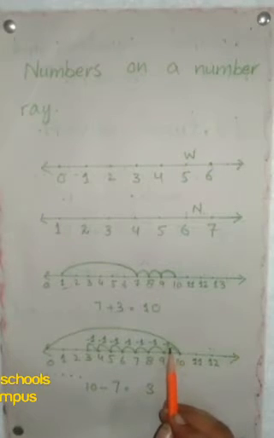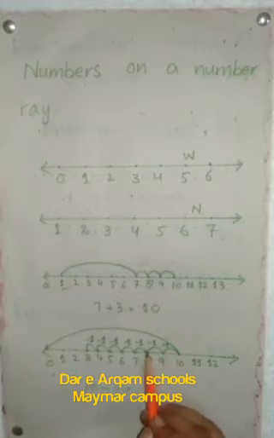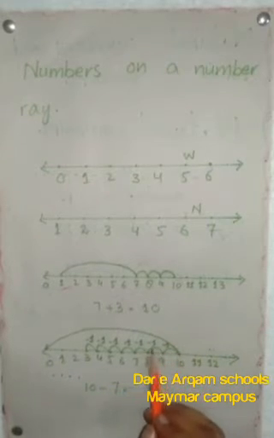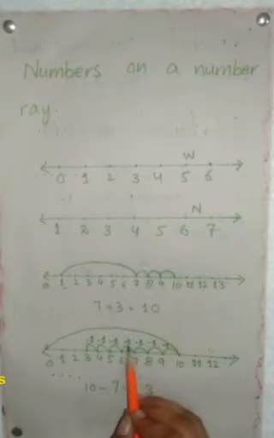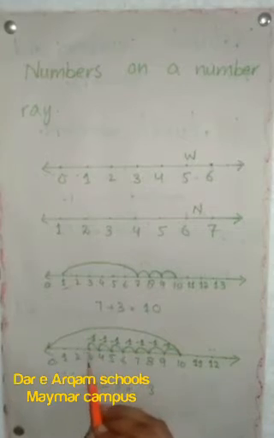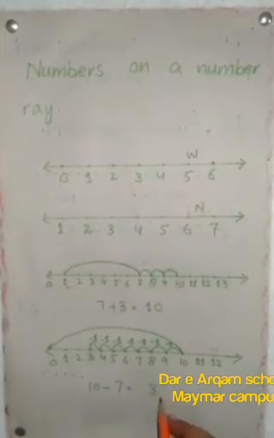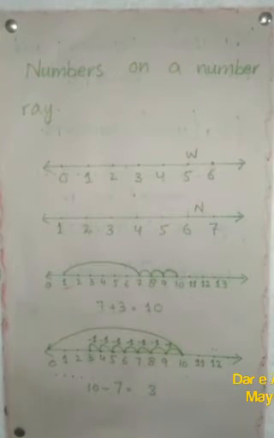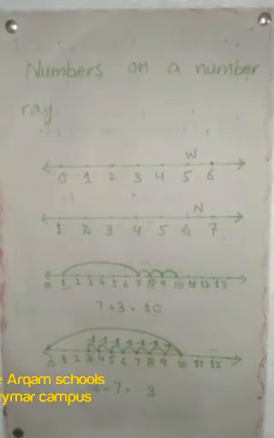When you move 1 point back, it means you are subtracting 1, then 1, then 1. In this way you will move 7 points backward. 1, 2, 3, 4, 5, 6, 7. Here you get the answer of your question, which is 3. So you will write here 3. In this way you represent your number on number line and add and subtract them on our number line.